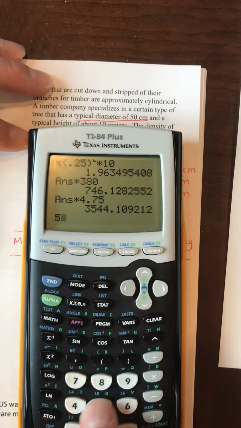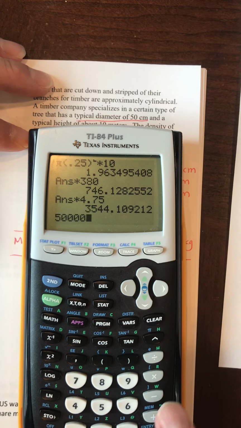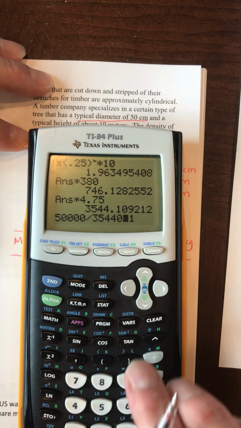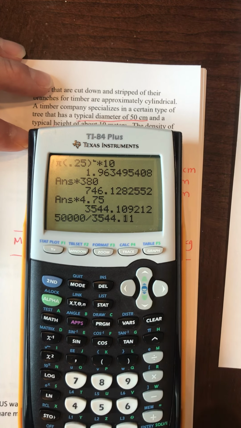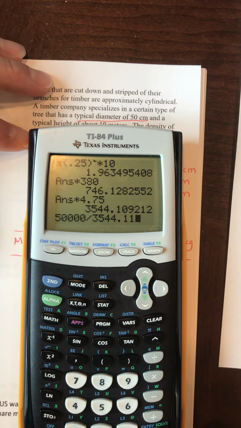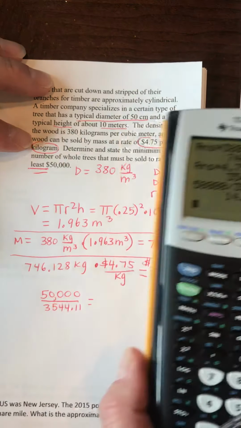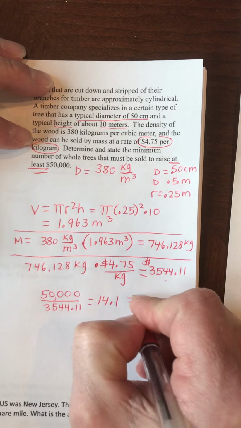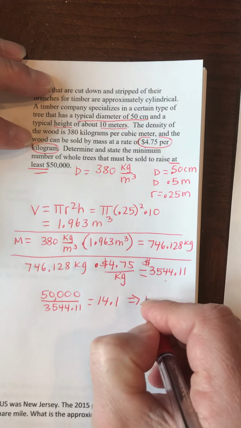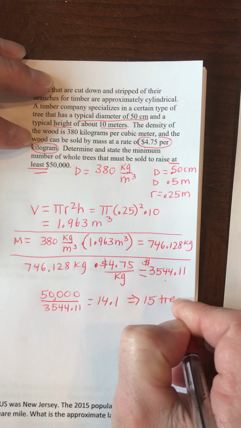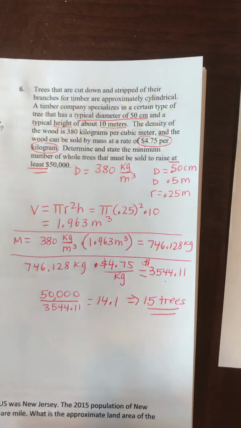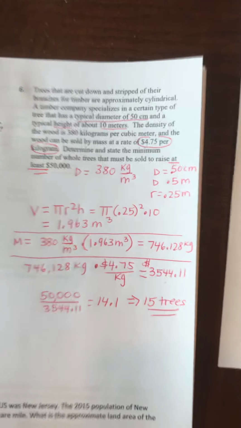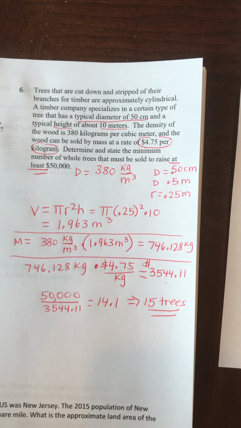No matter how this rounds, you've got to go up. So 50,000 divided by 3544.11 is 14.1. But if you sell 14 trees, that's not going to be enough. So you got to go up to 15 trees.